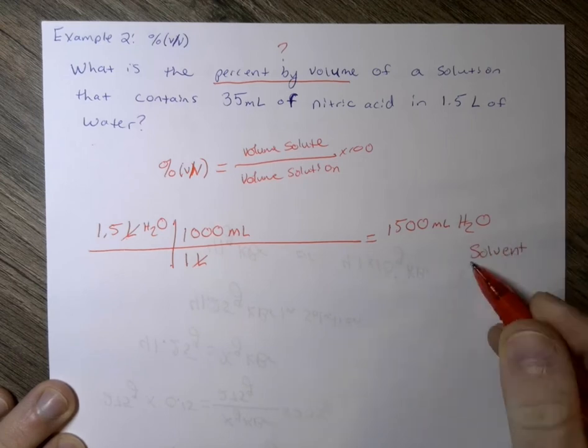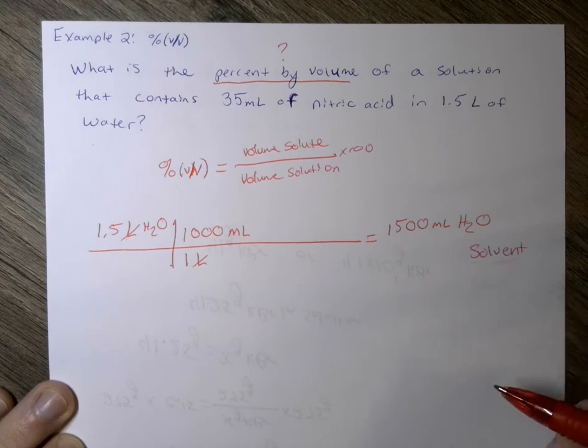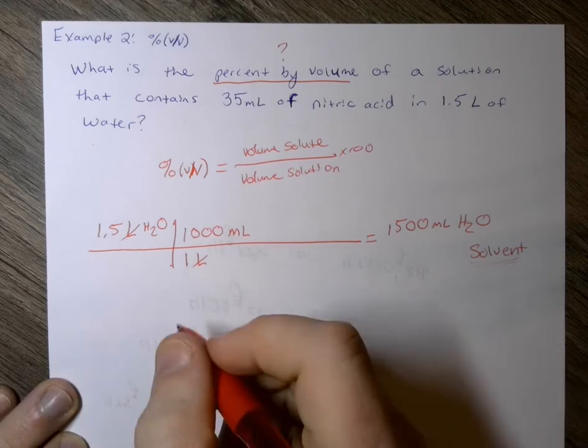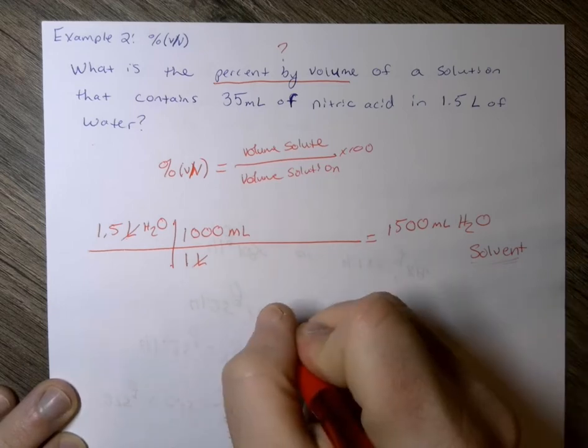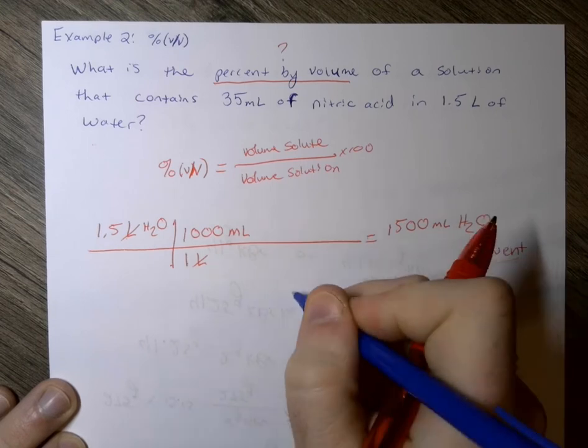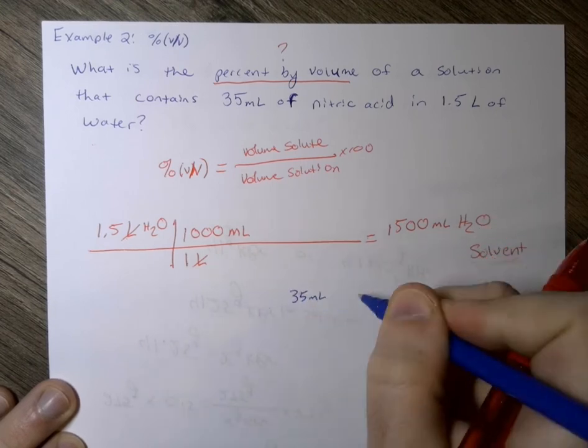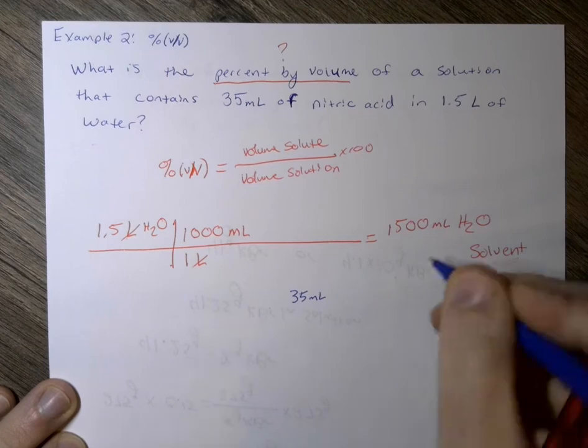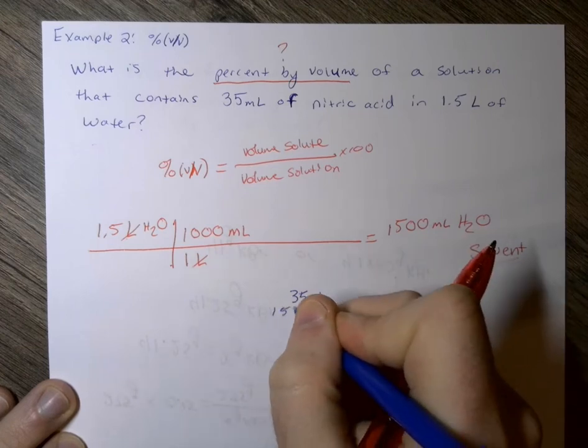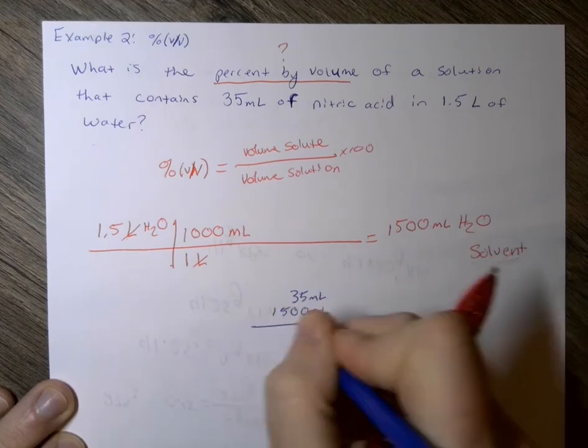So that's not my total volume, that's my solvent volume. So I'm still going to have to add it to the 35 milliliters of nitric acid. So I take my 35 milliliters and I add to it the 1,500 milliliters.